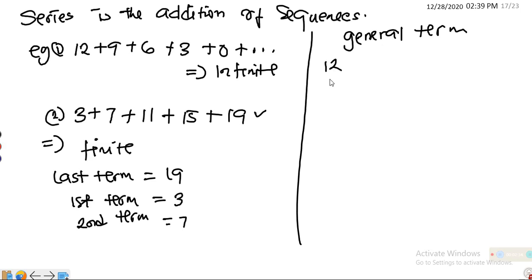The first term is 12, the second term is 9, so the difference between the first and the second is 3. The difference between 6 and 9 is also 3. So we have a constant 3. Let's see if we can generate the nth term of the sequence.